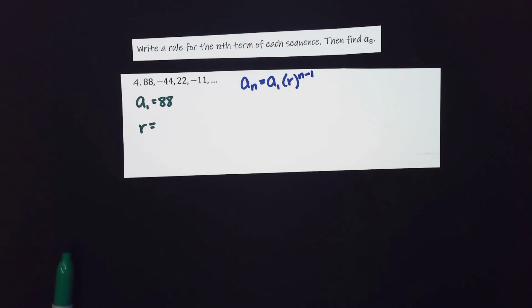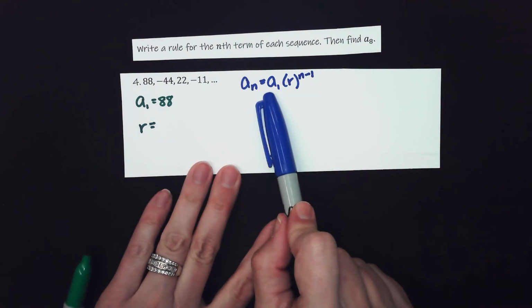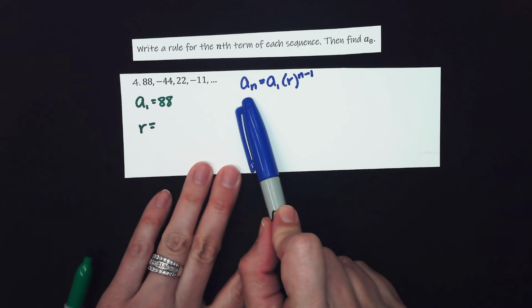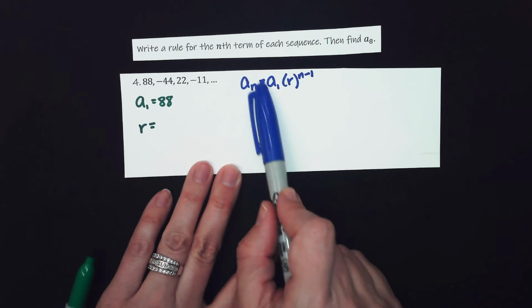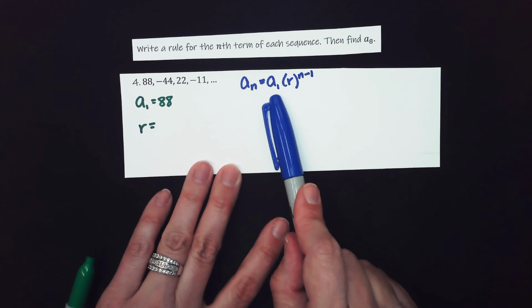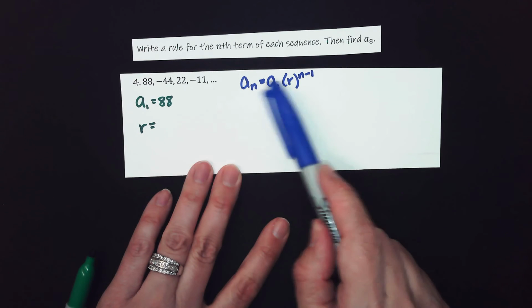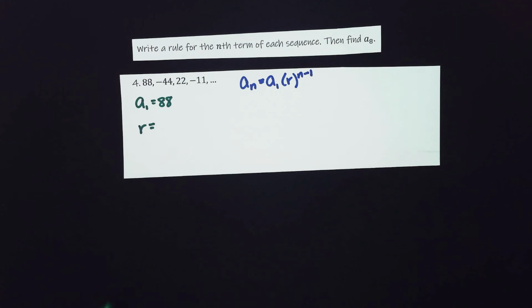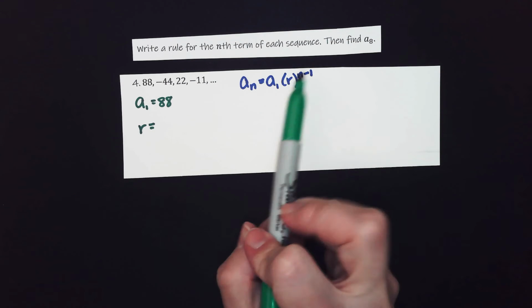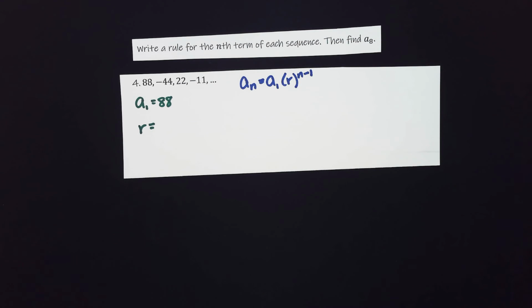So the only things we don't have are a sub n, which is just the rule. That's saying this is the rule. So I'm not even going to plug something in for that. A sub 1, first term, r, common ratio, and n make it my rule. So we leave the n and the a sub n alone. So I know I only need these 2 variables there.